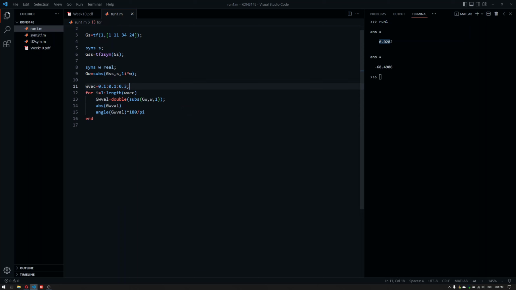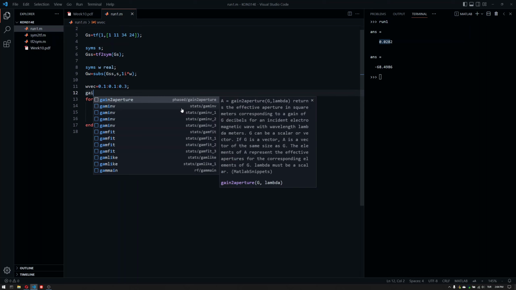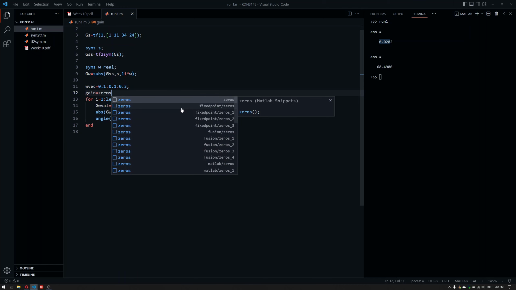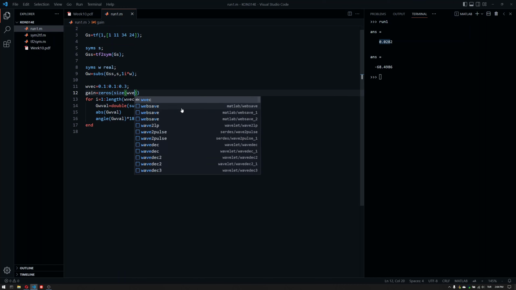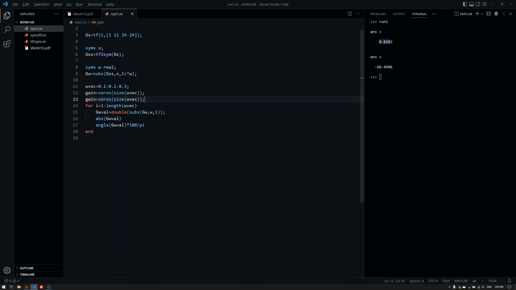Since we have an omega vector, since we will have multiple gains and phases and we want to plot them, we can do gain equals zeros of the size of omega vec. So we're generating a same-sized vector here.